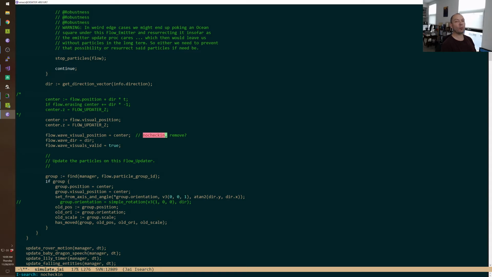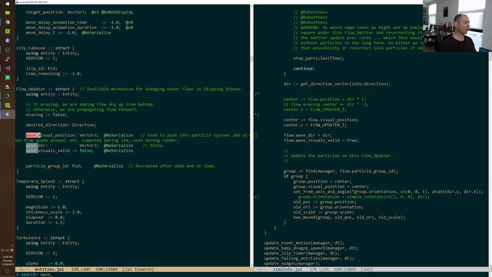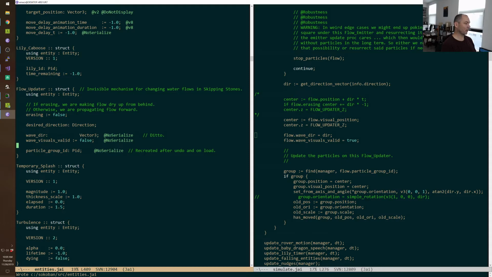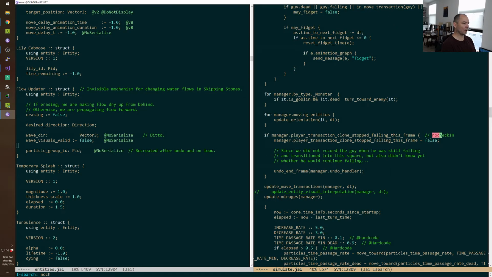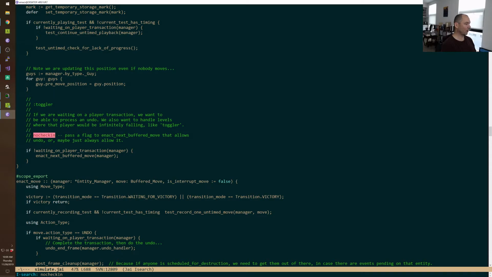Oh, wave visual position. That's what I want to get rid of. We're just going to say for now... Oh, we're not even using that. All right. Does someone else try to use it? Nope. All right, great. Player transaction clone style. Oh, yeah, that's something we're legit going to have to think about.